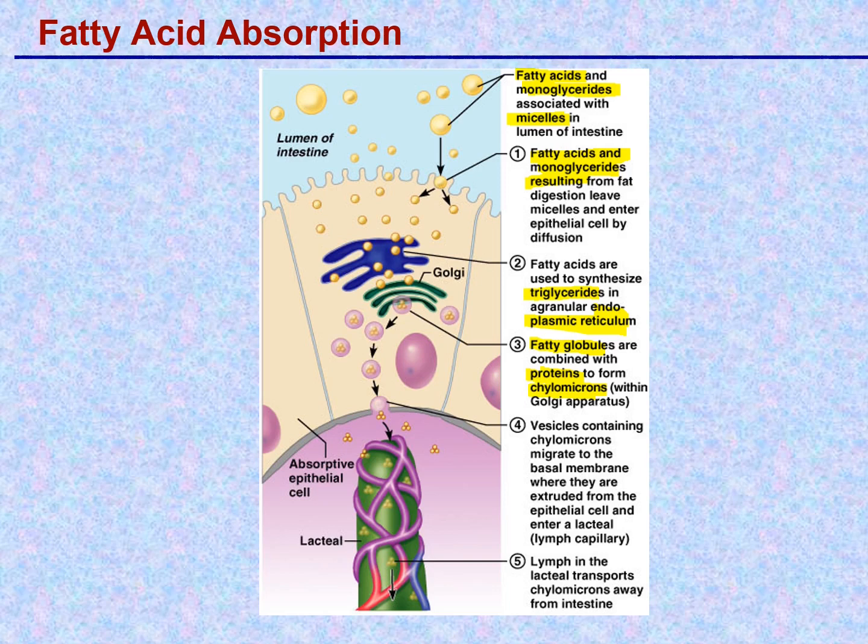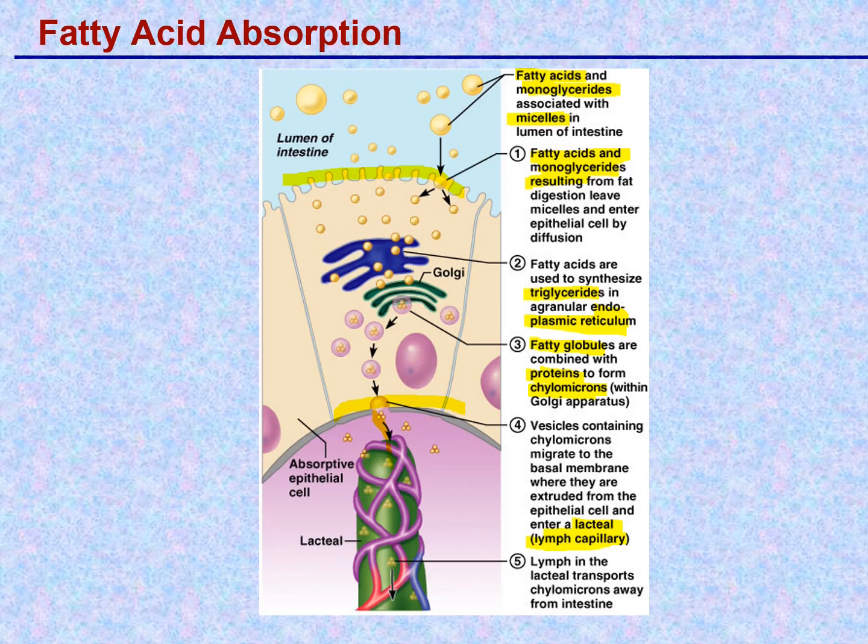And then these are extruded onto the basal side. Remember, this is the apical side, and this is the basal side of the simple columnar epithelium. So they go to the basal membrane, and they get extruded out, and they will enter into the lacteal, a modified, specialized lymphatic capillary in the center of the villus.